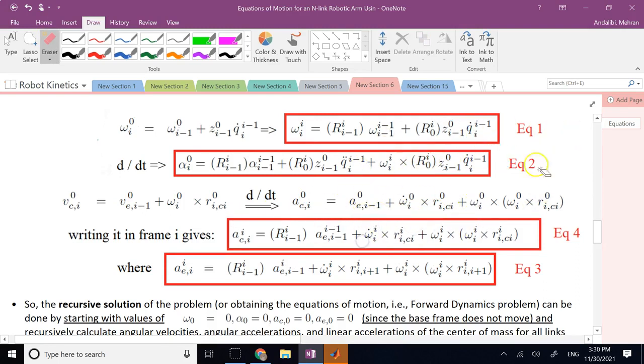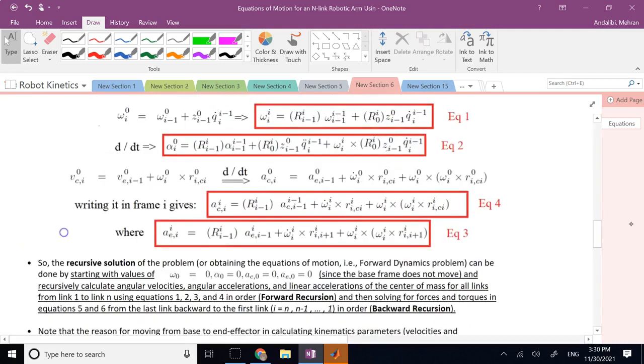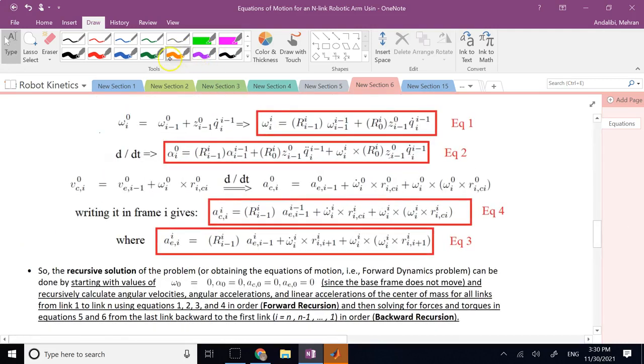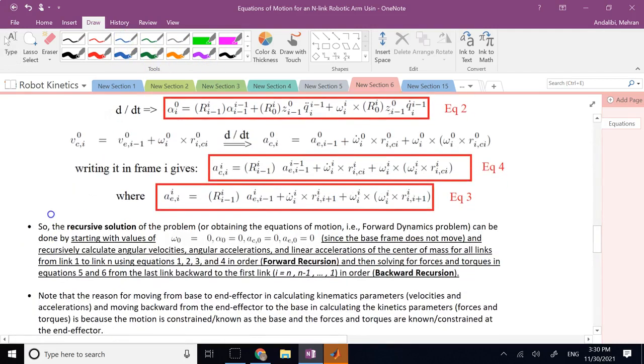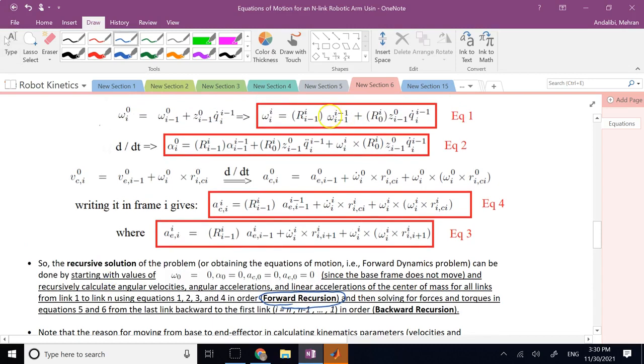So all of these equations 1, 2, 3, 4, 5 are recursive equations, and the terminology we use is forward recursion. Through forward recursion and equations 1 to 5, I can find all omegas, all alphas, and all accelerations at the centroids.